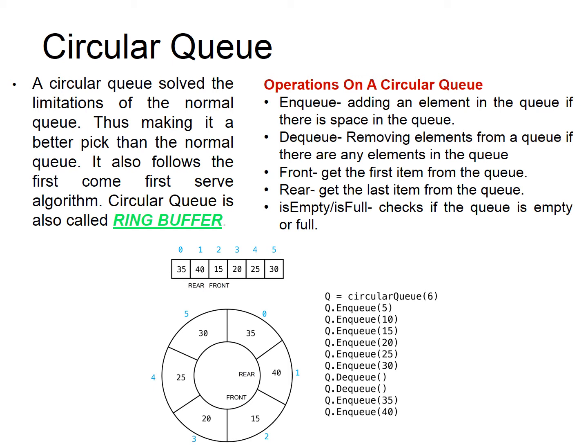When you try to insert again, even though there are 2 spaces above, the rear will be assigned -1, since it is not circular and goes in only one direction. That is the major difference between the ordinary queue and the circular queue. That's why the circular queue has the ring buffer option.